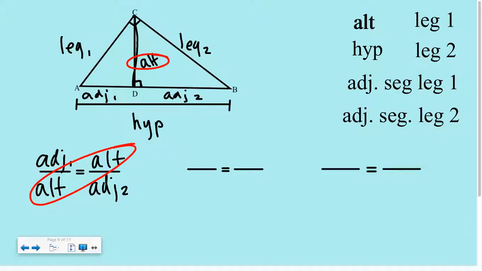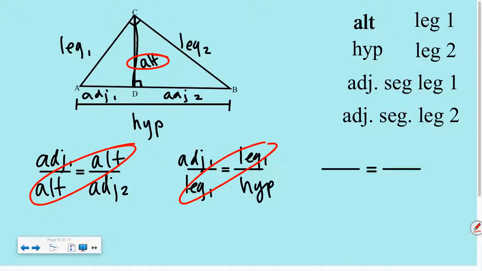Thanks, Peyton. Fred, what's the second proportion say? Your second shortcut. Adjacent segment leg 1 over leg 1 is equal to leg 1 over hypotenuse. Good. Adjacent leg 1 is to leg 1 as leg 1 is to the hypotenuse. Here, the leg is representing a geometric mean.